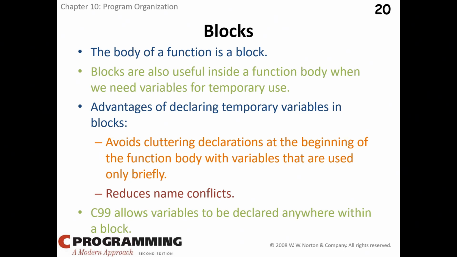Secondly, declaring variables within blocks reduces the likelihood of name conflicts. Since variables declared within blocks have limited scope, they're less likely to clash with variables of the same name in other parts of the program.